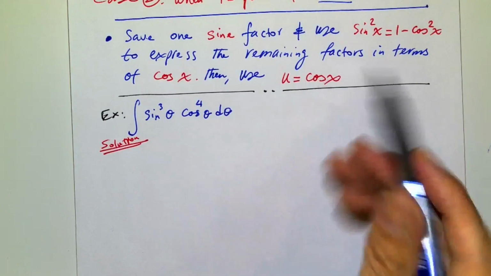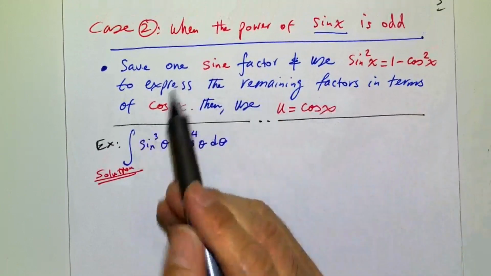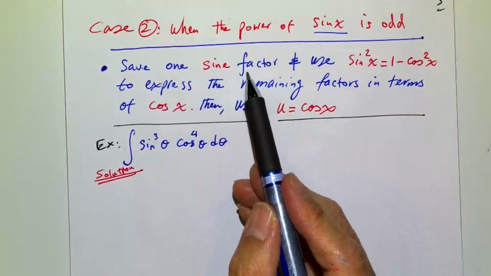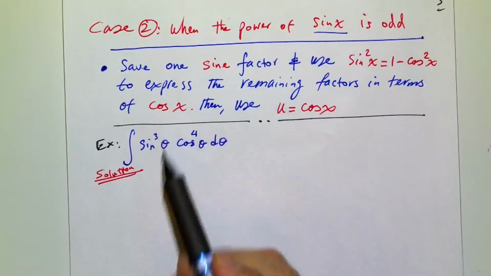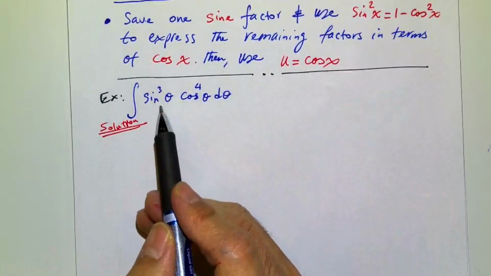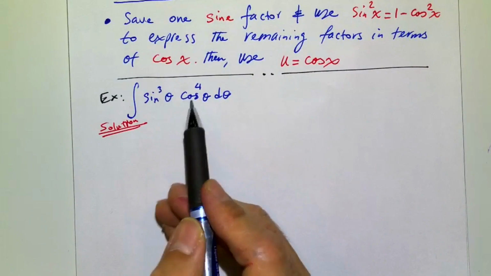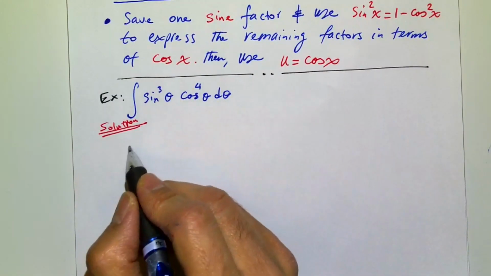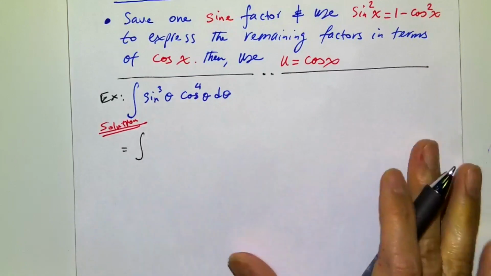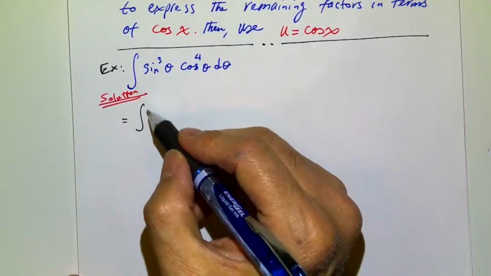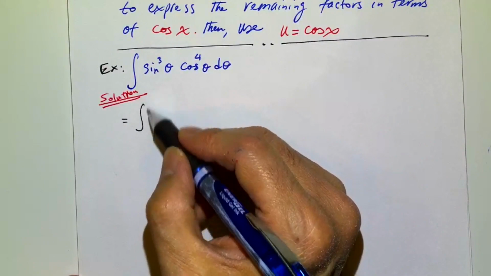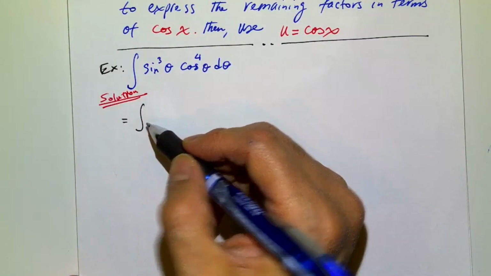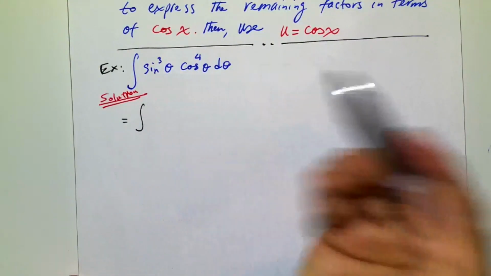So according to what this procedure is saying, we want to save one sine factor. So I'm going to break this sine cubed theta into sine squared theta times sine theta. Okay, so let's do that. Notice that this is an indefinite integral, so at the end, we're going to have to convert back to sine and cosine.